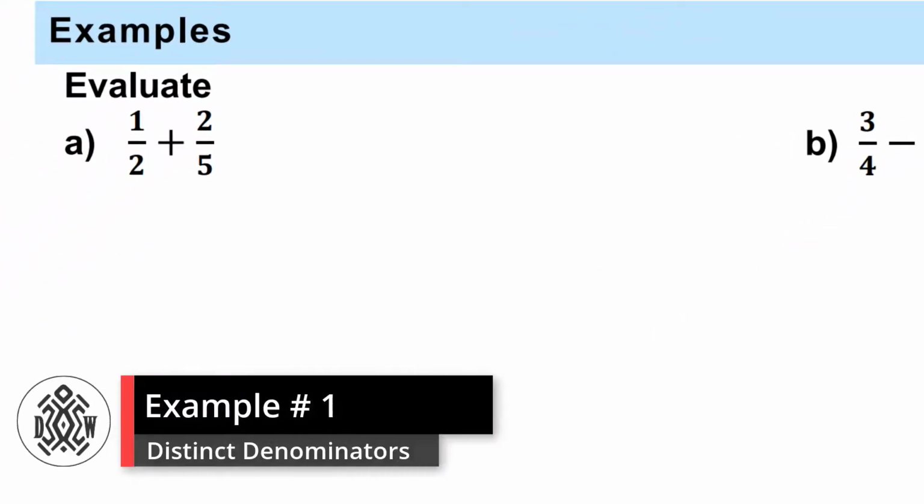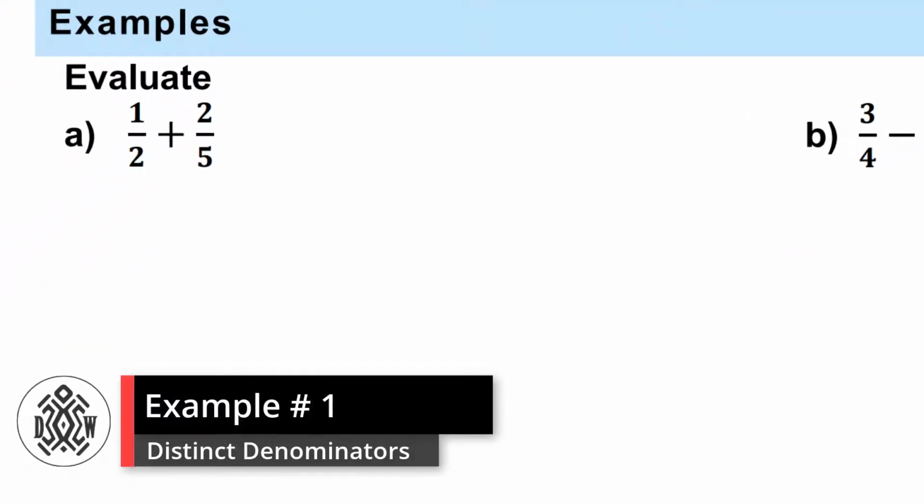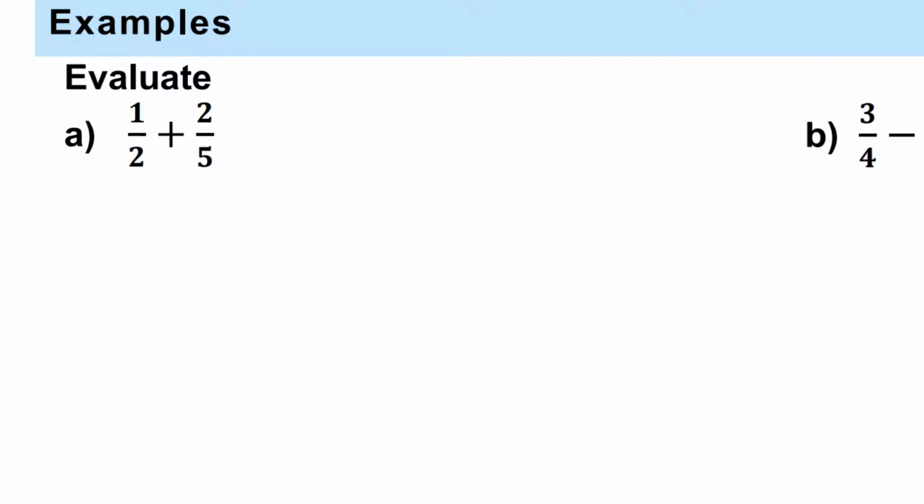We have 1/2 plus 2/5. 1/2 is 0.5 and 2/5 is 0.4. We know it's going to be 0.9 at the end, or 9 over 10, something like that. To do this, we need a common denominator. So how do we do that? Well, we multiply the denominators together. So we have 1 times 5 over 2 times 5.